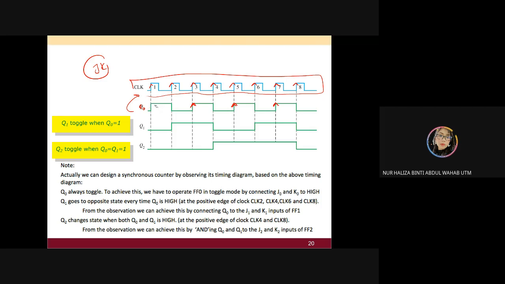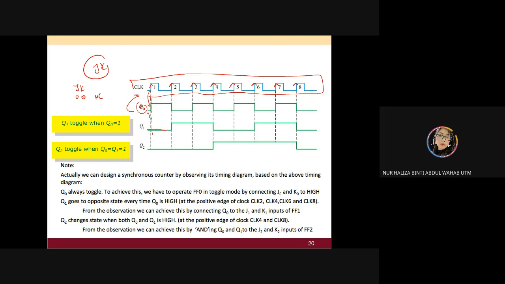So referring to this clock, at this single line, what is the value of your Q? So you refer to your Q, right? JK, if 0, what happens? So you're going to get your JK. J is 0, K is 0. So at this moment, you're going to have no change.